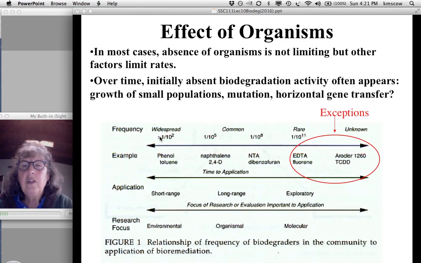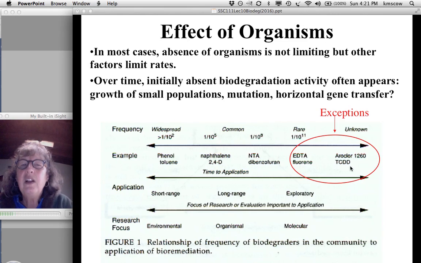When you look at the frequency of organisms that can degrade these compounds, you can find like 1 out of 100 organisms in the soil will use these kinds of compounds, but it gets rarer as you move in this direction, where you still have organisms that can degrade it, but they're not going to be as common in the environment, to super rare to we don't even know if there are organisms.